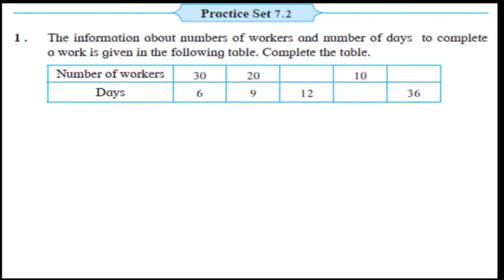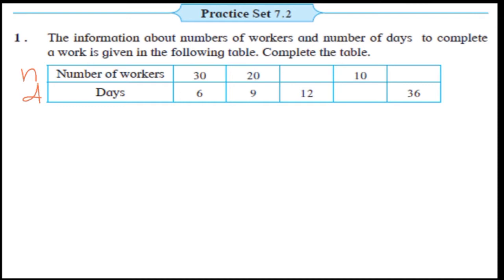Suppose number of workers are n and number of days are d. First we decide whether the variation is direct or inverse.